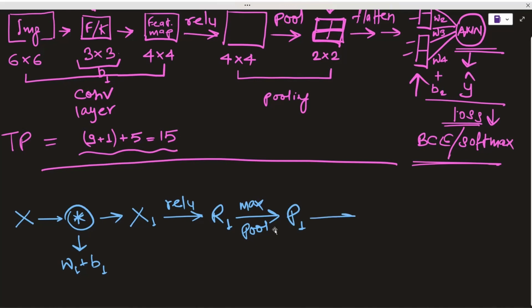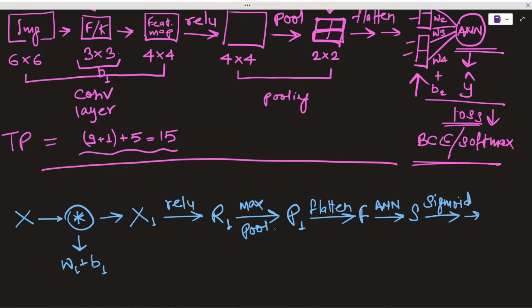What will be the next step then? Obviously, you will apply flattening and this will give you the input layer. Let's call that F. This F will be passed on to your artificial neural network architecture, or you can say the fully connected neural network. And let's say that will give you an equation S, which will then be passed on to an activation function like sigmoid that finally gives you the output Y hat.